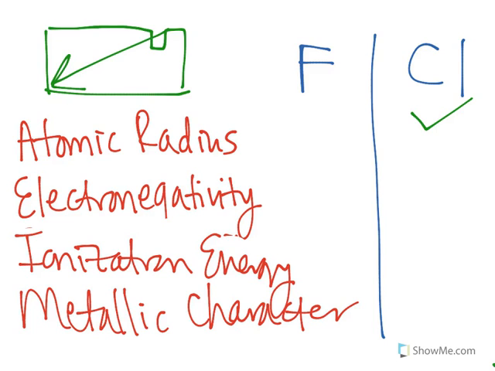In terms of electronegativity and other characteristics like ionization energy, on the periodic table they increase going this way.